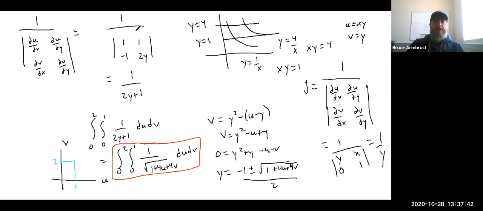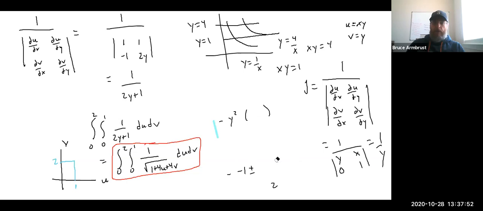But we're in that same situation where that thing is in terms of not u and v. Right? So like if we were going to be setting up this integral, we'd have our double integral of 1 over y, say du dv. It turns out both of those would have bounds of 1 to 4.